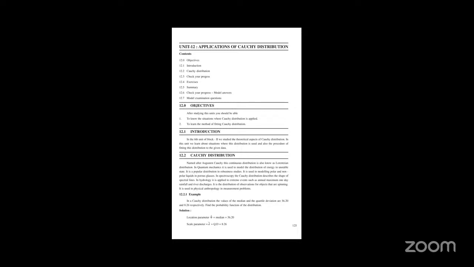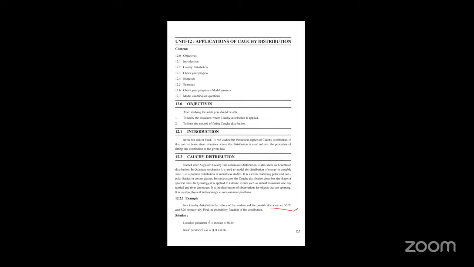In a Cauchy distribution, the values of the median and quartile deviation are 56.20 and 8.26 respectively. So the median is 56.20 and the quartile deviation is 8.26. They are asking us to find the probability density function of the distribution.